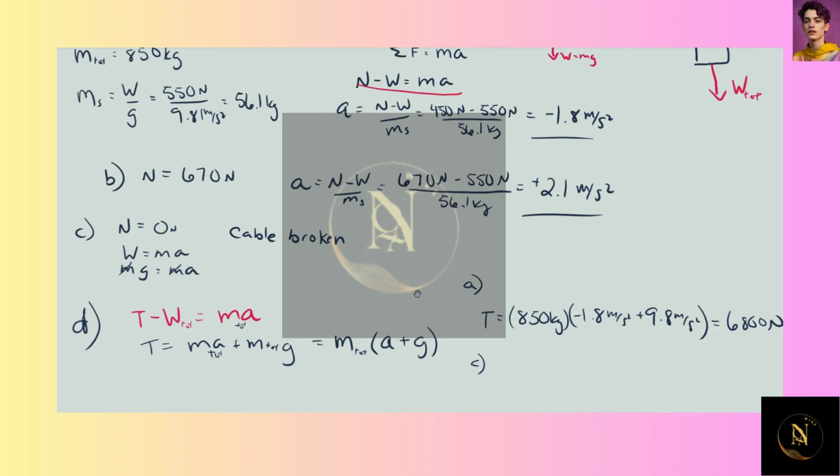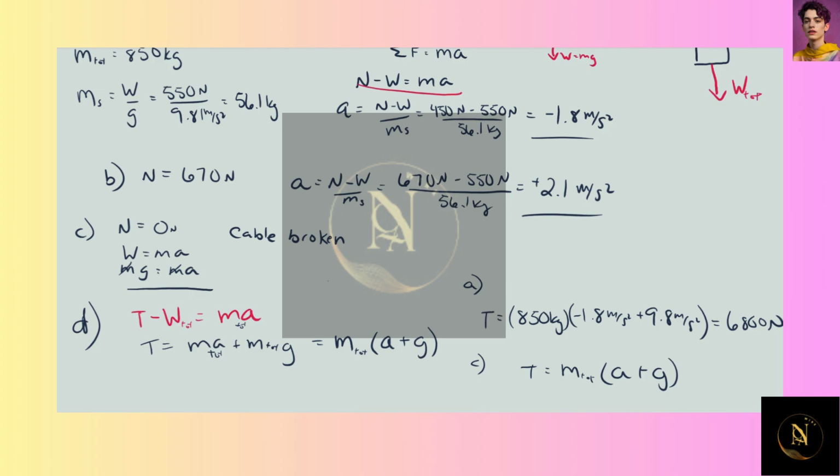And then they want to know the tension in part C. So tension, again, is equal to the total mass times the acceleration plus g. Now let's look at the acceleration in part C. The acceleration is equal to g.